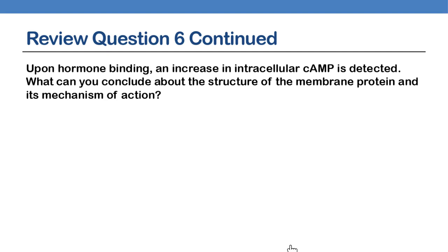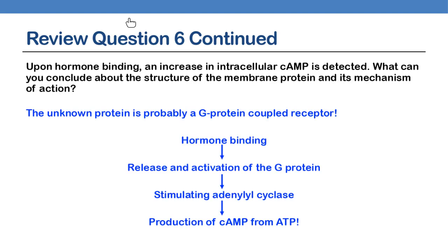Yes. Someone's saying it's activating adenylate cyclase. Perfect. Involves G proteins. Yes, so this is all part of the mechanism of action. cAMP is a secondary messenger. And what are we getting the cAMP from? What's the initial substrate that cAMP is produced from? ATP. Awesome. So the unknown protein is likely a G protein coupled receptor.